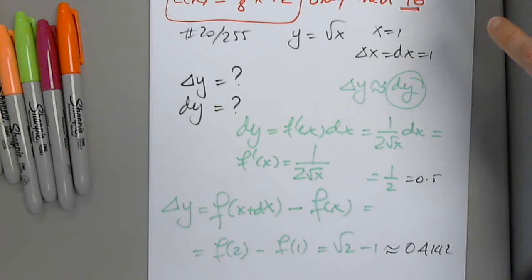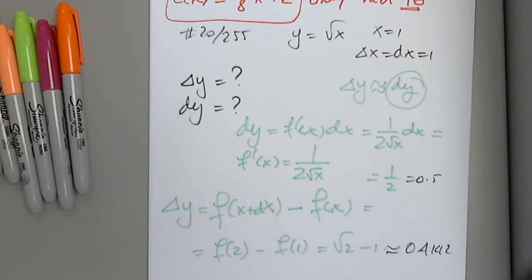So when we looked at Tuesday, for a small change in x, we have, this is f of x, and for a small change in x, this would be f of x plus dx. This is the exact change in the y values for the dx change in x.